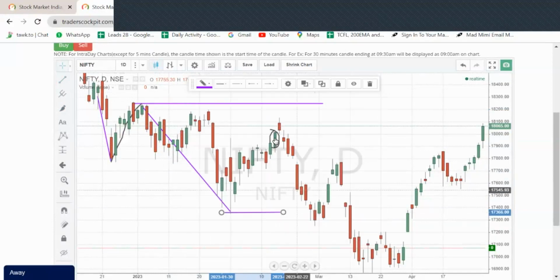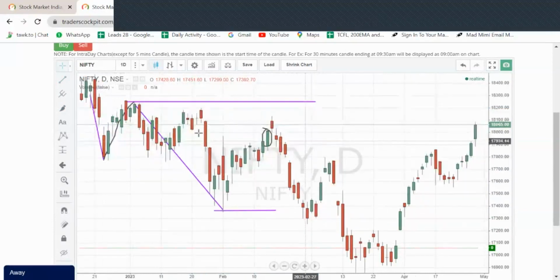Now what happened? My PCR is telling me the market is completely in a downtrend, and PCR is telling me overbought in this candle. When it tells overbought in this candle, what are we supposed to do? Shall I go and take the entry directly by taking the PCR confirmation? No, you should not do that. You have to take it along with price action confirmation.